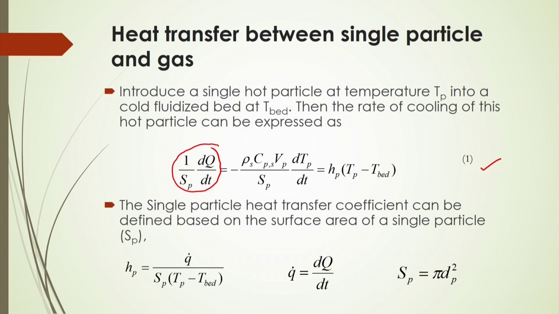Rho s is called particle density or solid density, C p s is the specific heat capacity of the solid, V p is the volume of the particle, S p is the surface of the particle, and dT p by dt means how the temperature of the particle is changing with respect to time. Here, hot particle will be going to the cold one, that is, its temperature will decrease to the lower temperature, that is why the negative sign is coming.